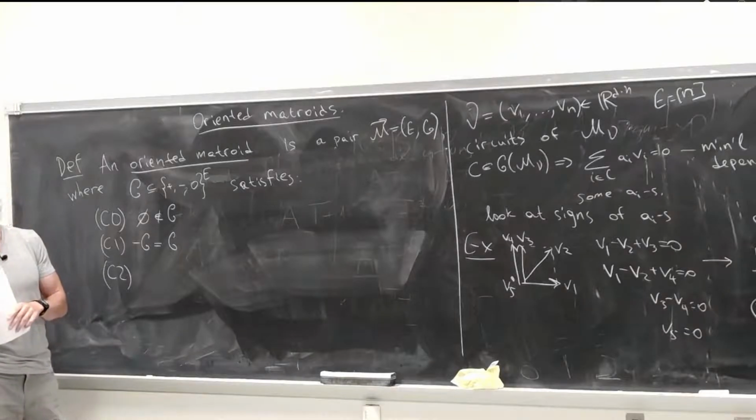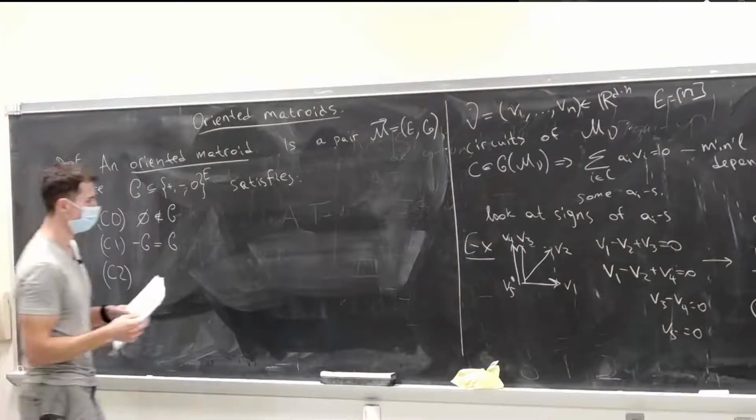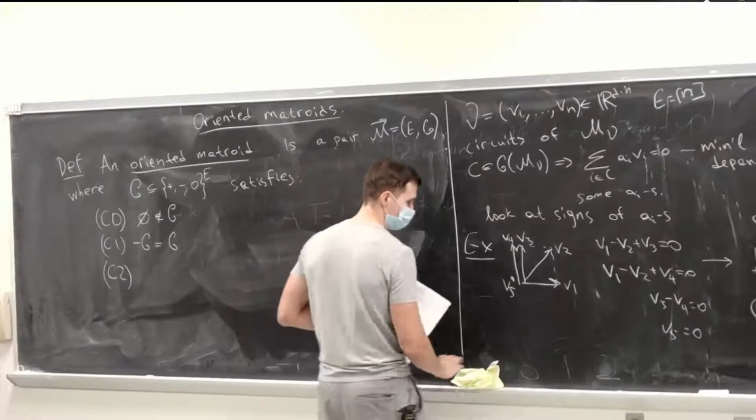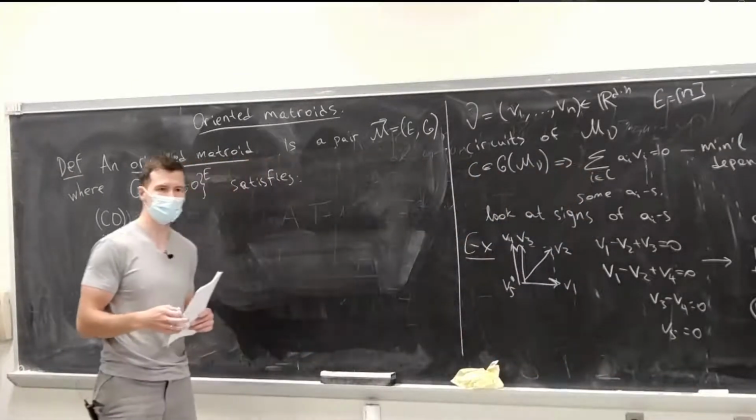Let's say if you think about graphs, what's the usual axiom for graphs? Do you remember, for unoriented matroids?